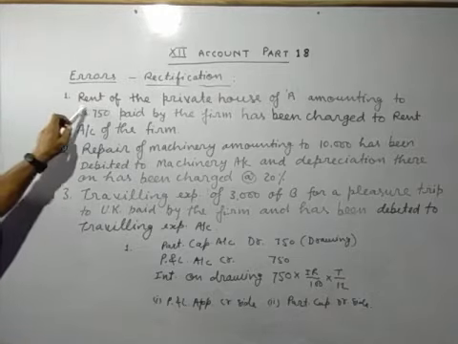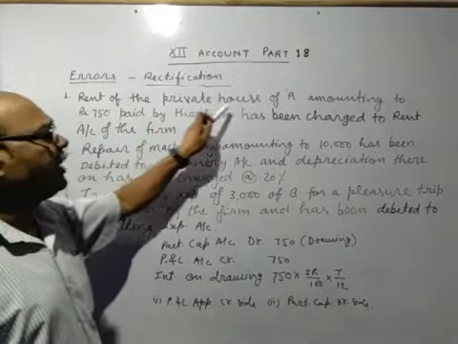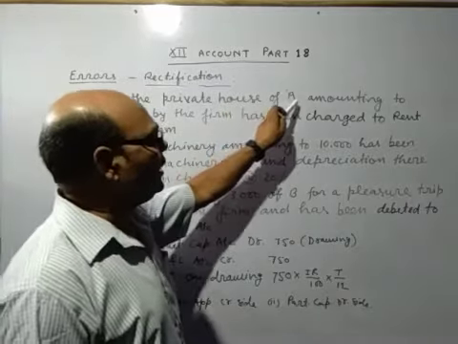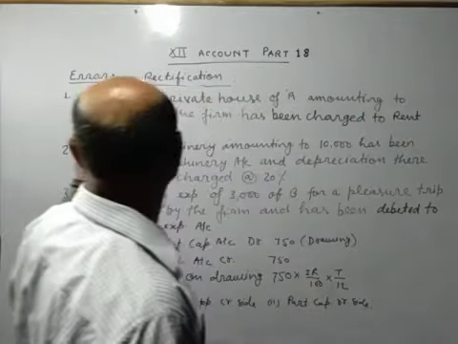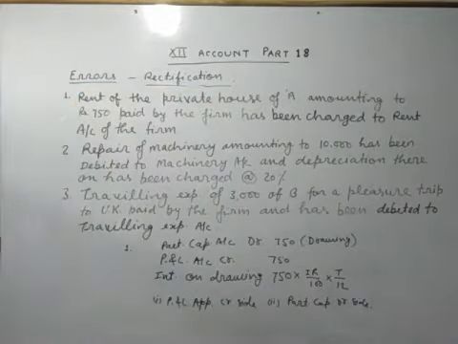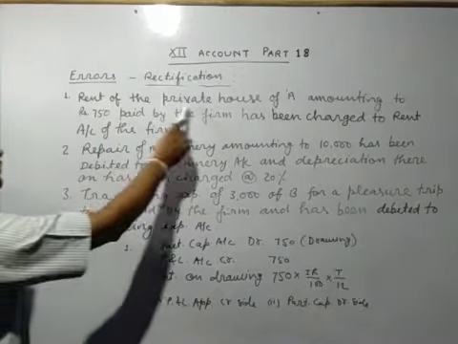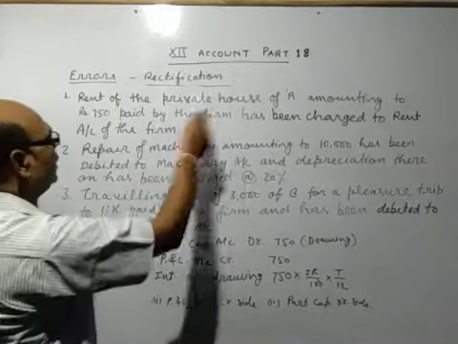Now see, rent of the private house of A amounting to 750. This is the rent of a personal house, so this is the drawing.